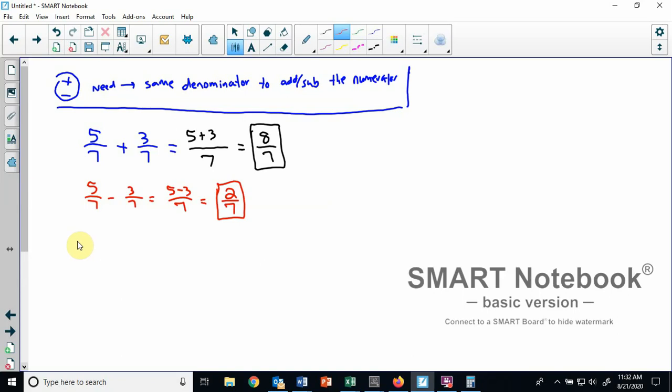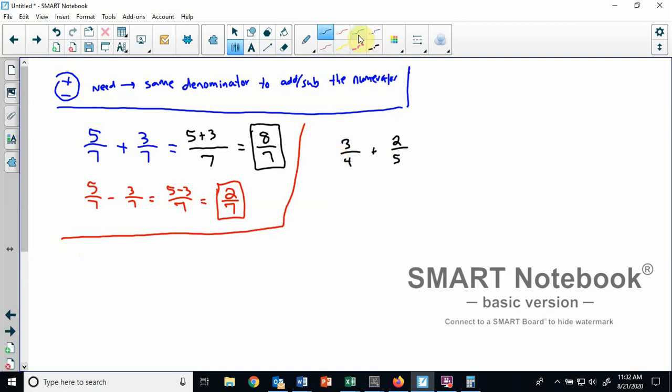Do you think every fraction that we ask you to add or subtract is going to have the same denominator? Sadly, no. So how do we fix this? So let's look at one that does not have the same denominator. So here's what we're going to try to do. We have a way of changing these.